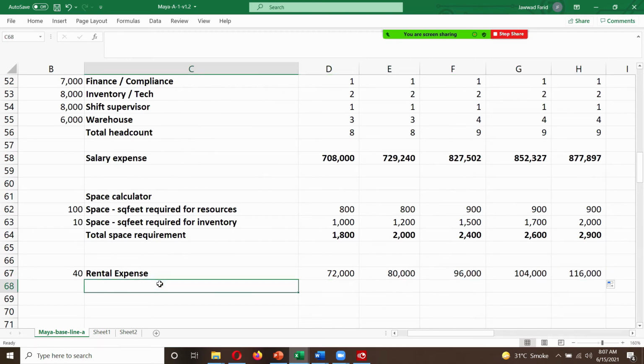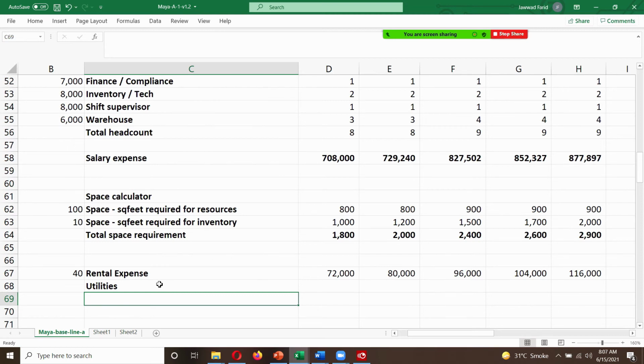Now, in addition to rental expense, you would also need to do utilities, right? So you need to pay for power, you need to pay for water, you need to pay for gas if you have that. You may need to pay for internet and phone lines, and you may need to pay for cleaning services and security, right?